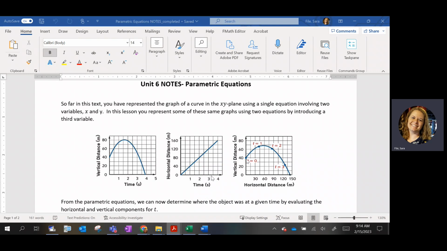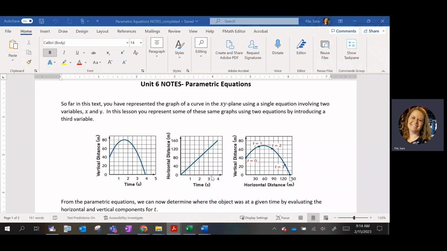So we can see at 0 seconds, it started 0 meters away horizontally, 40 meters high. After approximately 4 seconds, this one doesn't show it completely, but you can see where it stops, short of 4 seconds, because that's where the vertical distance would go negative.